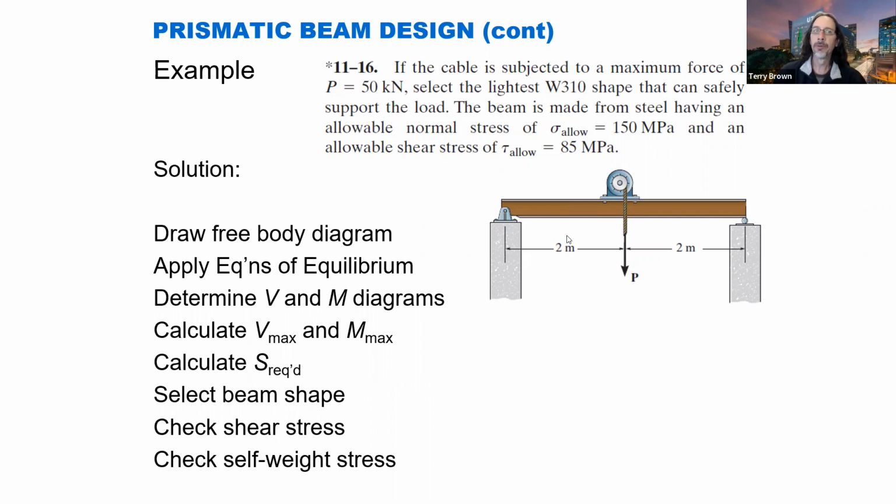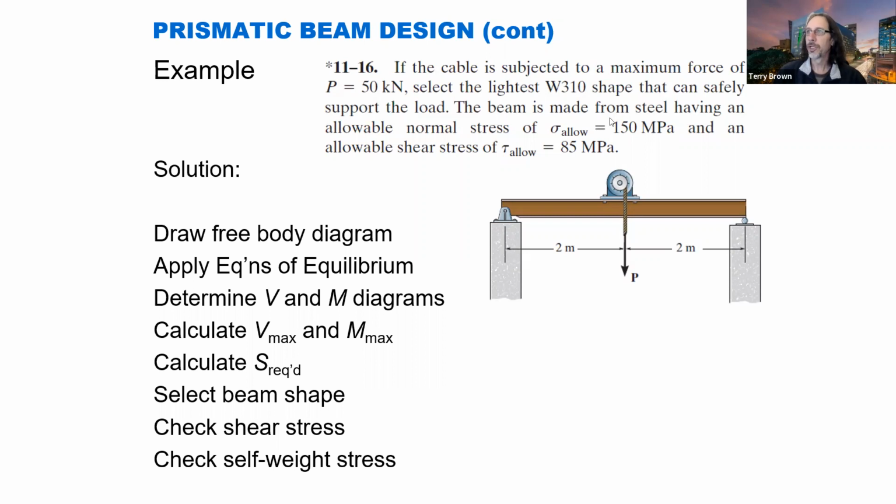So someone might have done some work previously and said, okay, the maximum depth that we can have for this beam is 310 mils. Right, so that's how that may have been chosen.